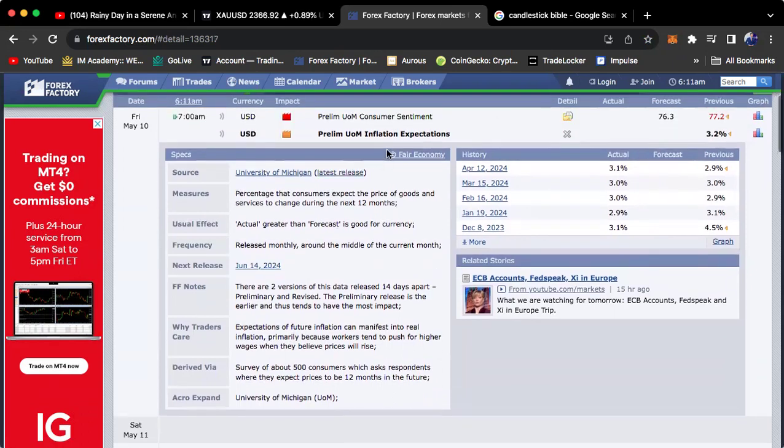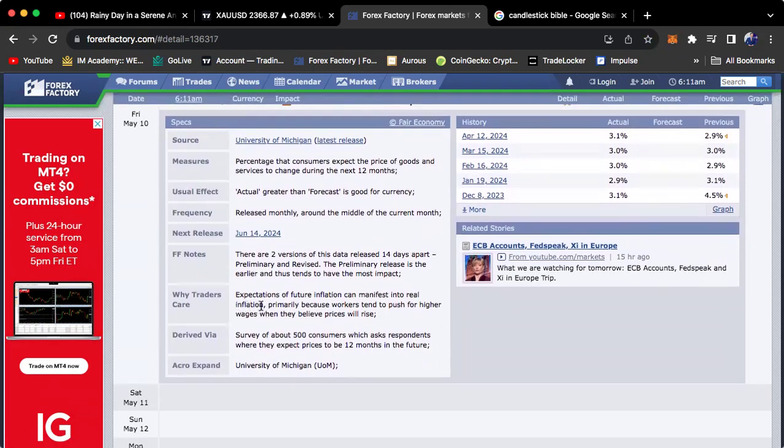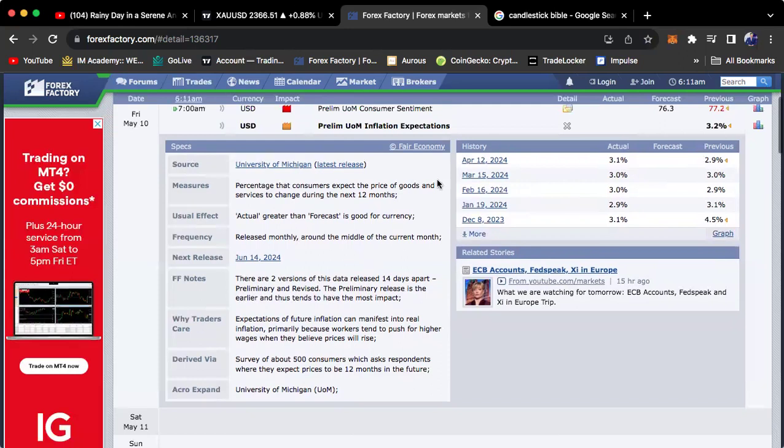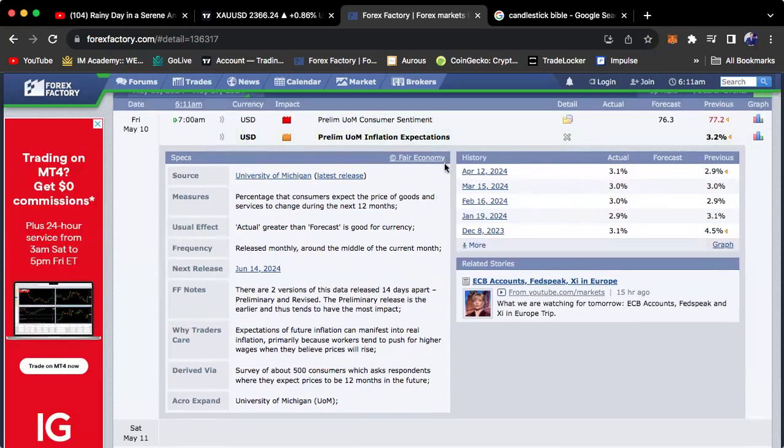Expectations. This is the inflation expectations. Why traders care: expectations of future inflation can manifest into real inflation, primarily because workers tend to push for higher wages when they believe prices will rise. So it's basically a survey that they do at the University of Michigan, asking consumers and people about their expectation on the inflation.